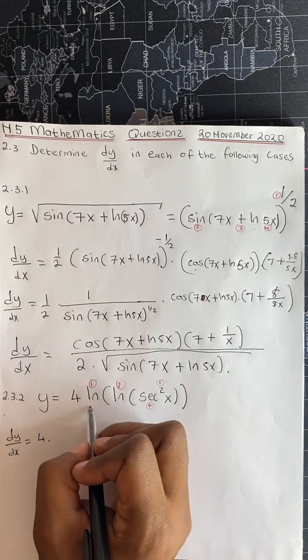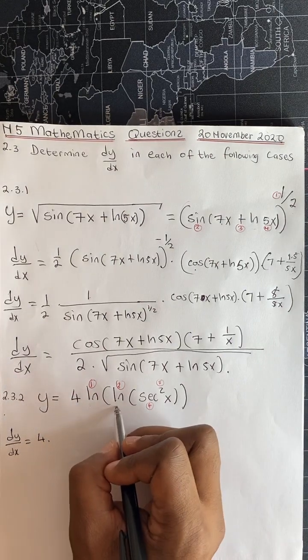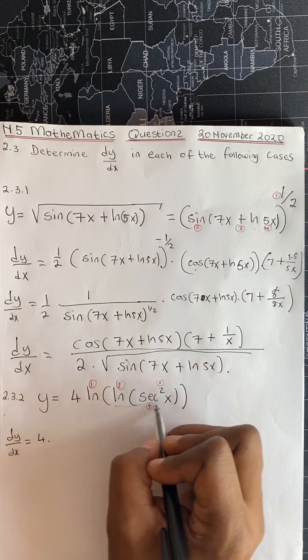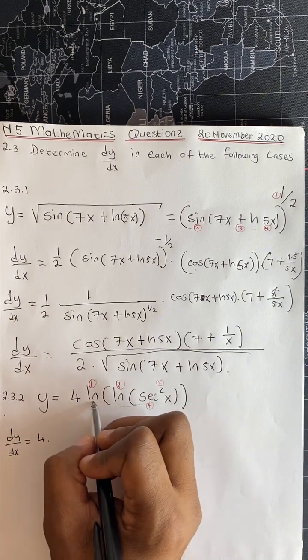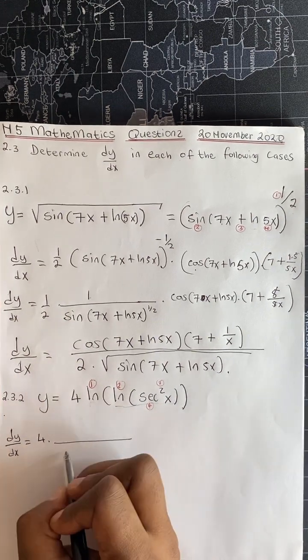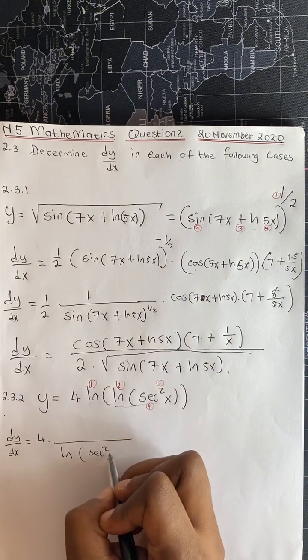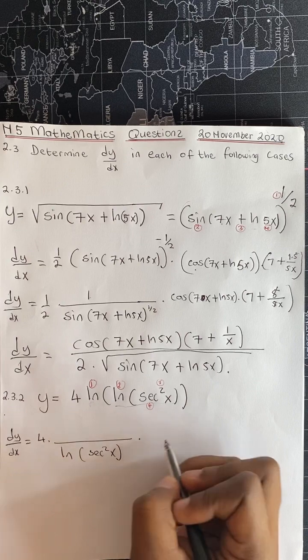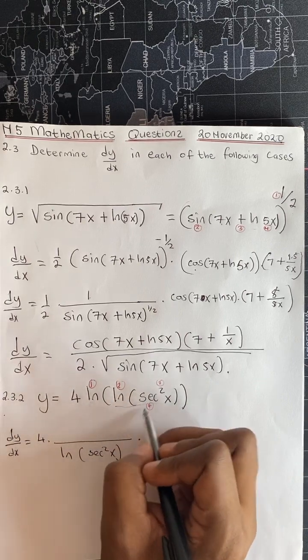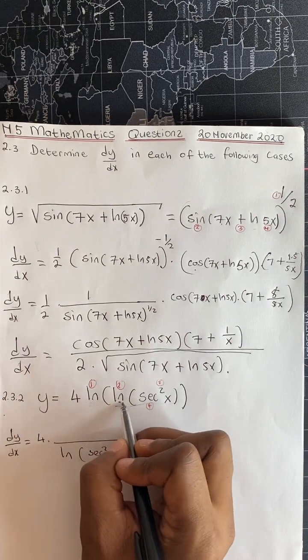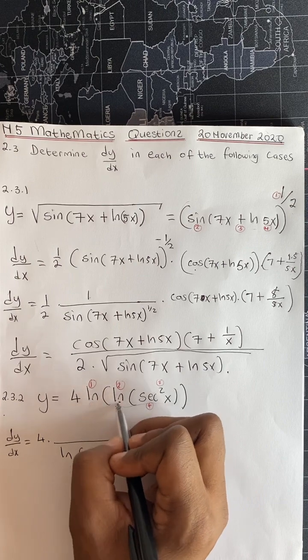The derivative of this first ln will be 1 over whatever is inside this first ln, which is ln of sec squared x, and now we have to differentiate what's inside.